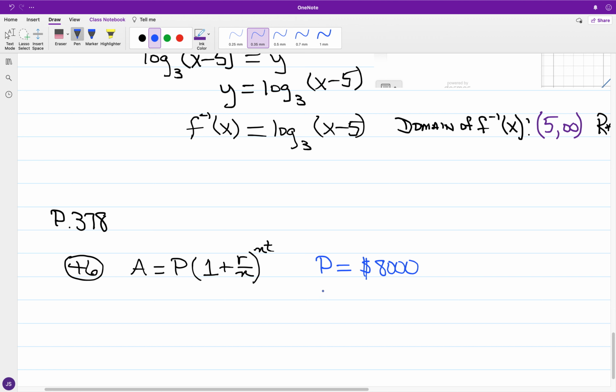We also have the rate of interest, which we have at 3.5%, and we're going to express it as a non-percent decimal, so that's going to be 0.035.